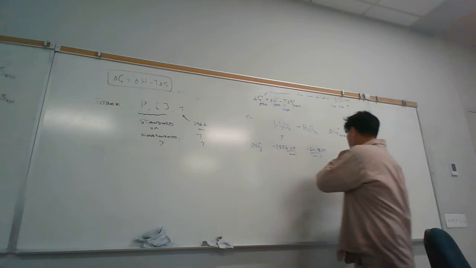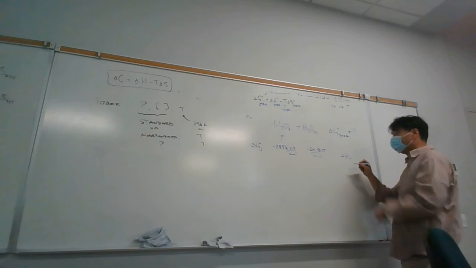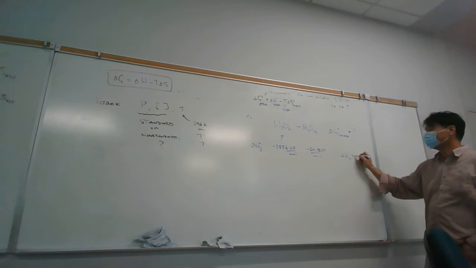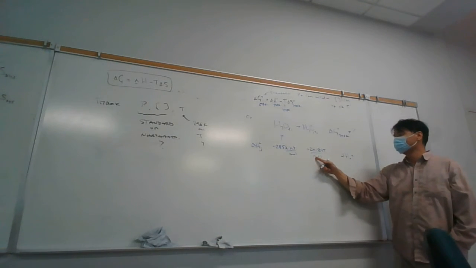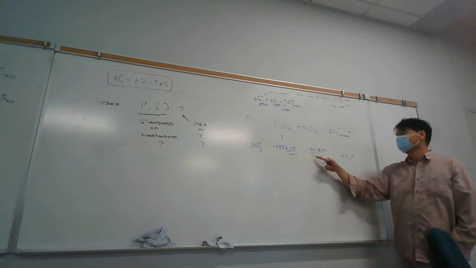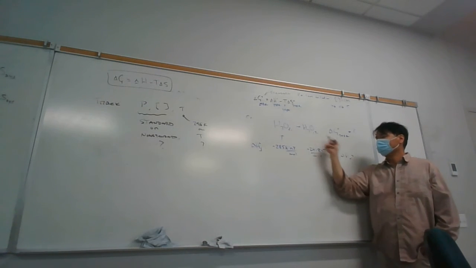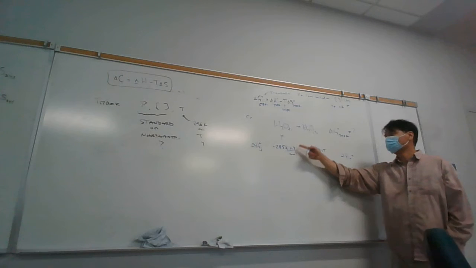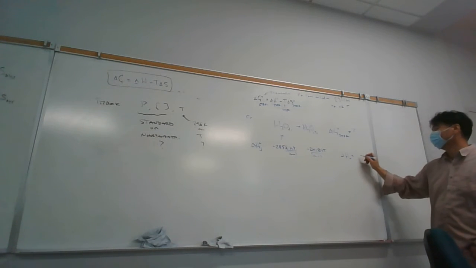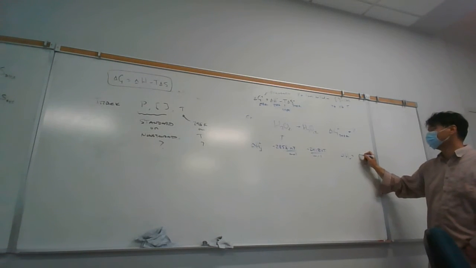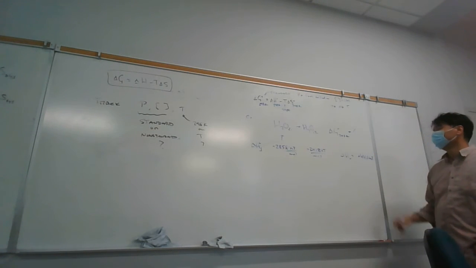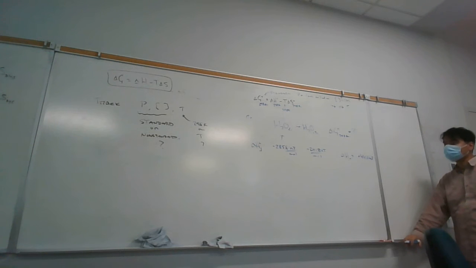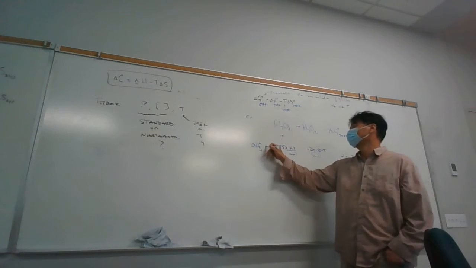Then we can figure out what delta H of the reaction, or the process, is, which would be the sum of the delta H's of formation of products, so 1 mole of H2O gas times this, so the moles cancel out, minus the sum of the reactants. I only have one reactant here, so it's 1 mole of H2O liquid times that. What we end up with is plus 44.0 kilojoules. There's my delta H.